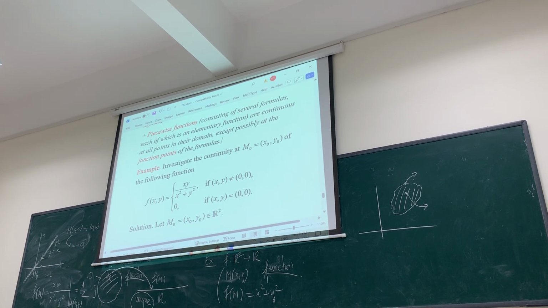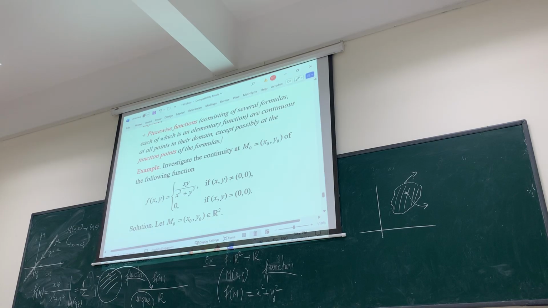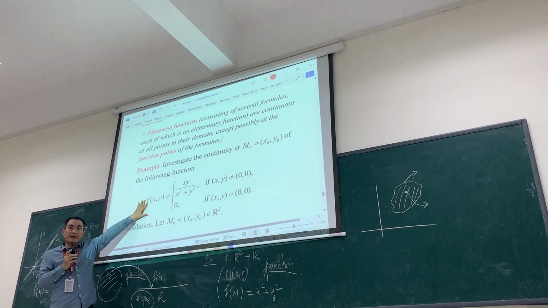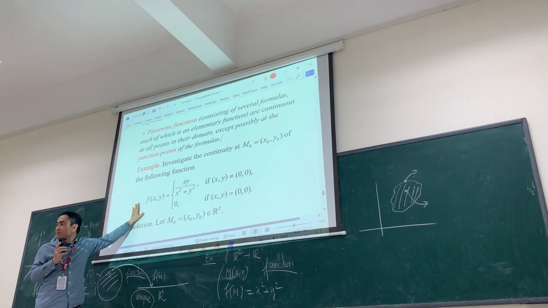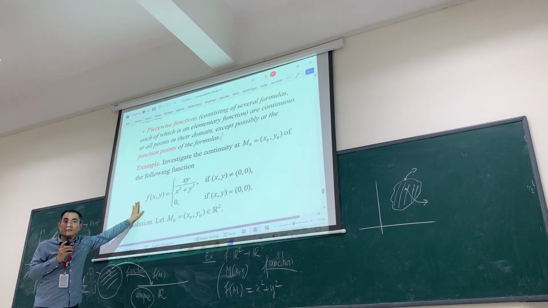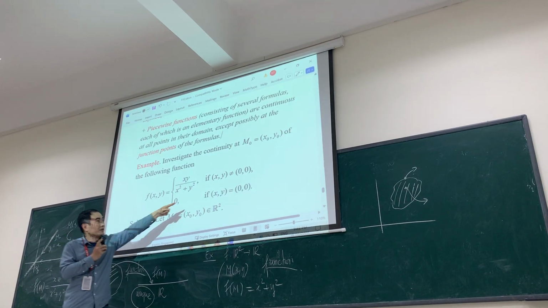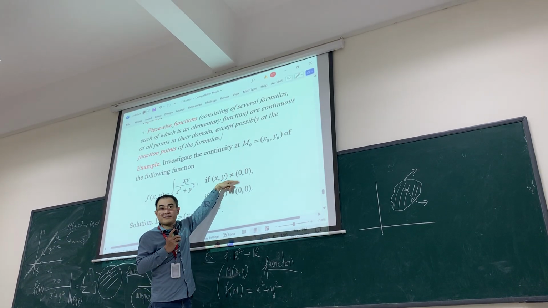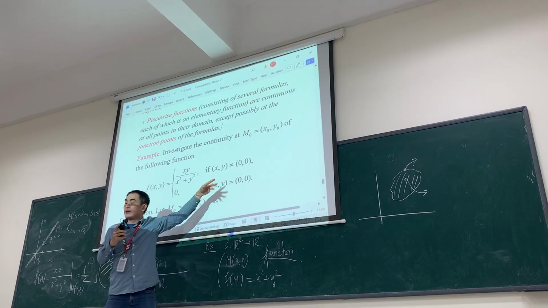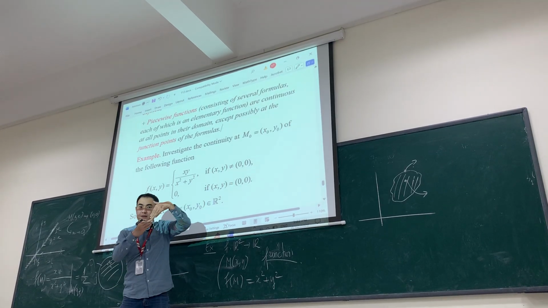Now, we want to check. You can see the function here is a piecewise defined function. The function here has only one junction point, the point that connects the two formulas.